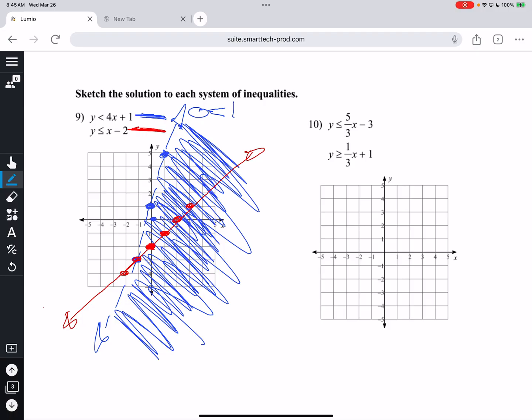Wait. So for the second one, y is less than or equal to x minus 2. Am I going to shade above or below? You could do 0, 0 to find out. Below. 0 is not less than -2. So we shade below the red, or the solid.